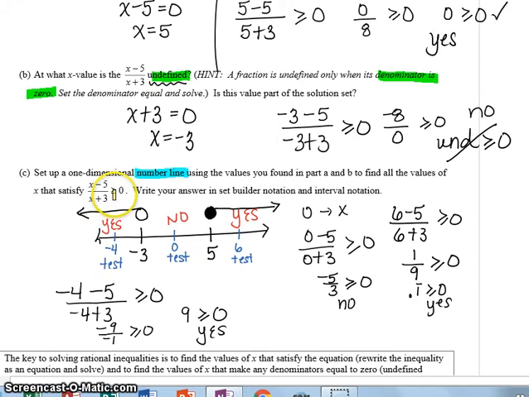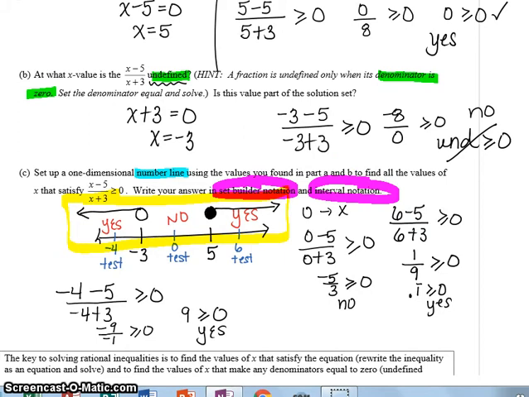So now if you guys look at my answer right here, okay, we did a number line test. If you guys pay attention here, it says write it in set builder and also write it in interval. So the set builder notation would be x is less than negative 3, because it's anything less than negative 3.